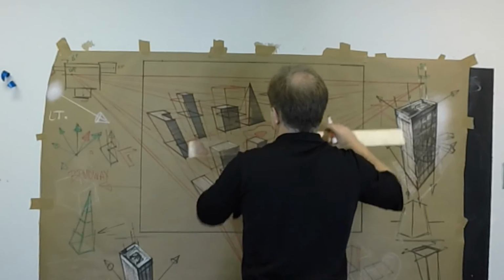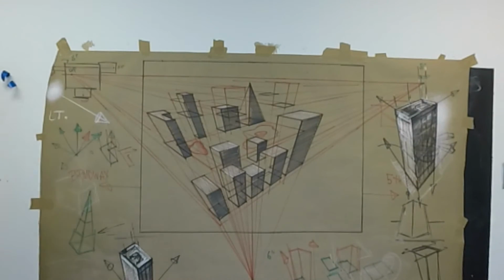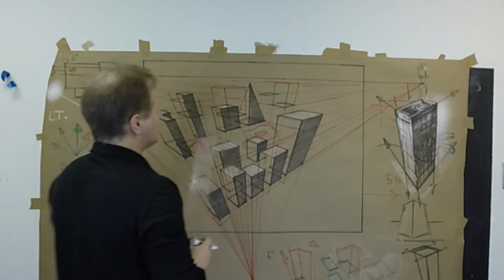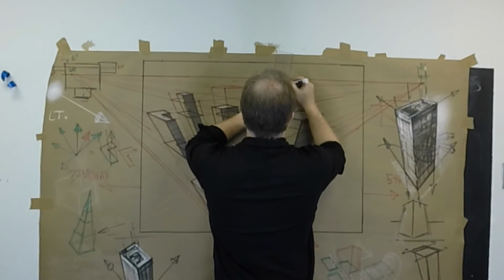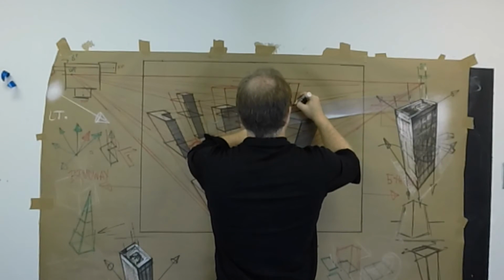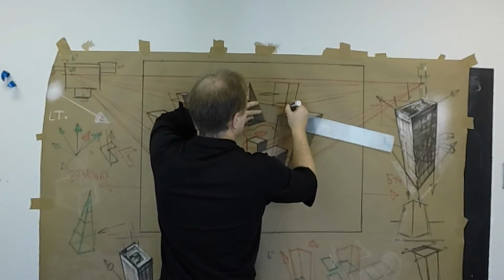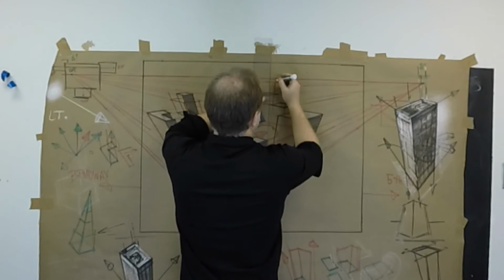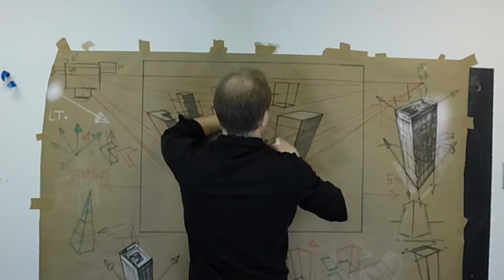So I'm going to darken it in so you'll see it with a little sharper point. So it's actually a little bit more clear. We have to be careful there. So we have that, and we have that, and we have the bottom. And then the bottom of the building here and here.